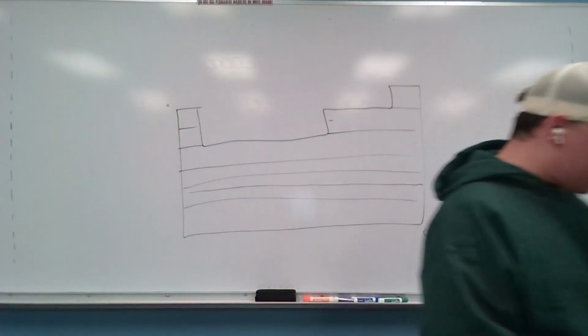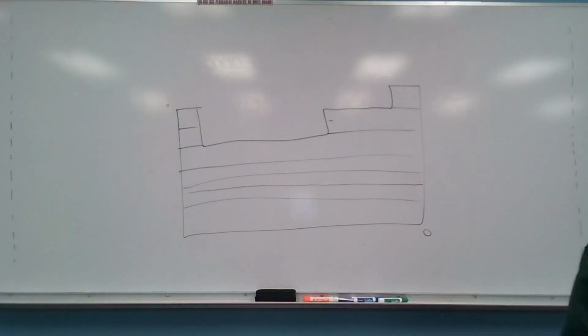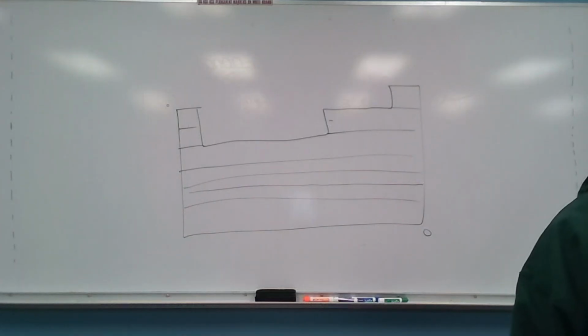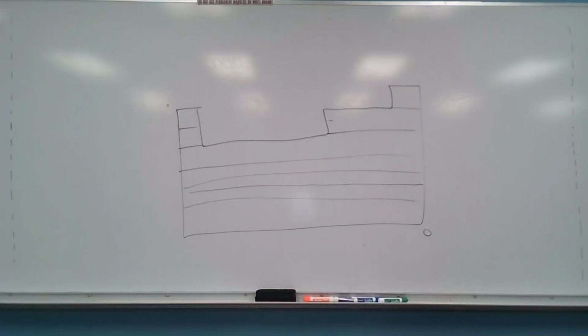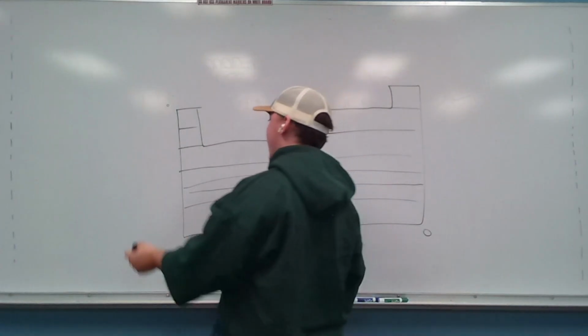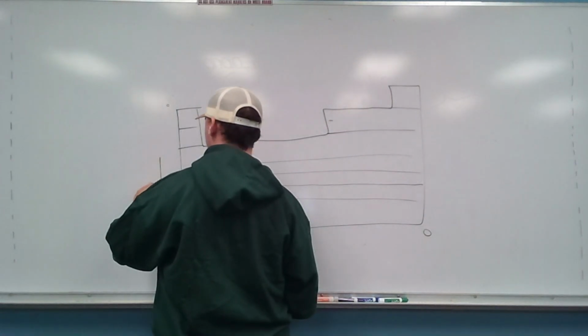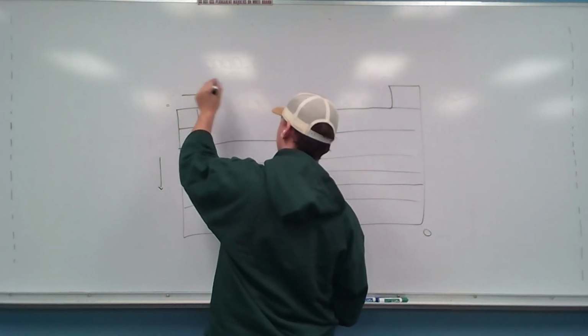Now, we have to consider the radius, how big it is. The size of an atom is going to determine how it demonstrates certain characteristics. So, atom size increases as you go down, but atomic attraction increases as you go this way.